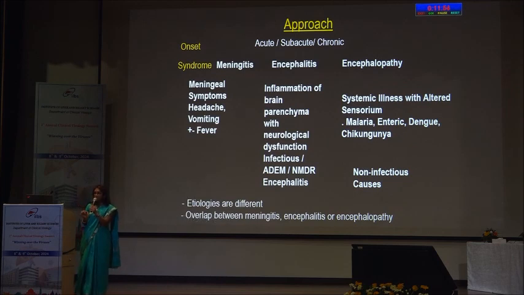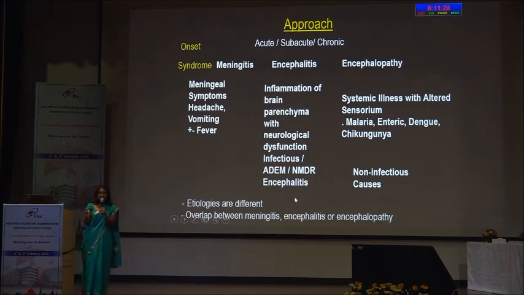Very basically, if the patient is having meningitis, the initial symptoms will be predominantly headache and vomiting, and then later on there will be altered sensorium. Whereas in case of encephalitis, since it's inflammation of the brain parenchyma, the neurological dysfunction will occur earlier. Also, we have to differentiate it from other causes like post-infectious ADEM as well as NMDA encephalitis.